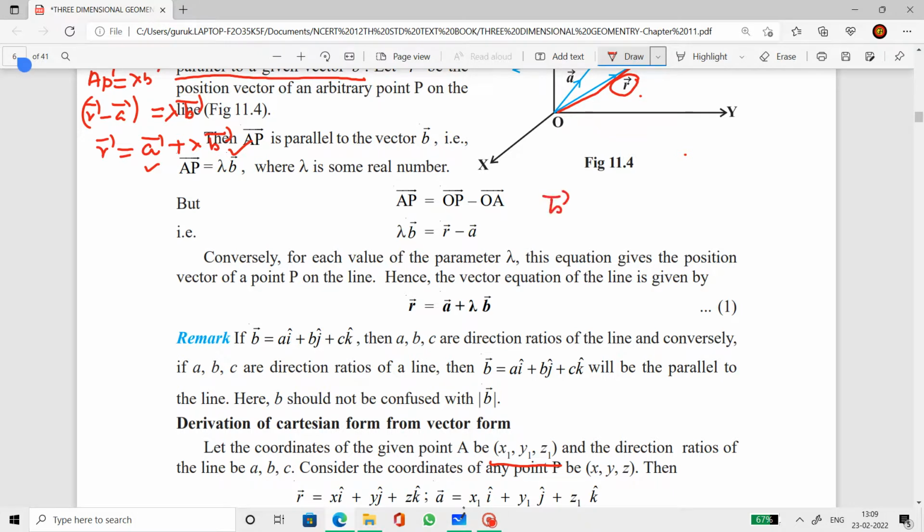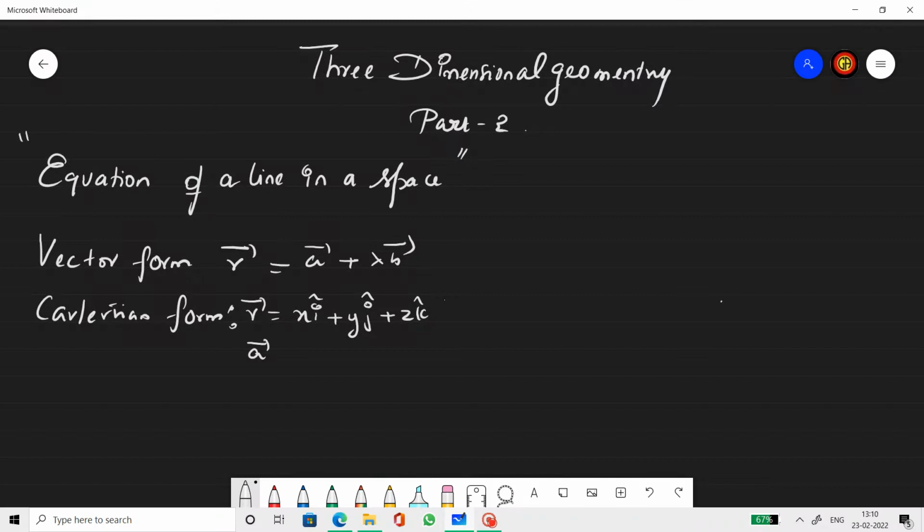And B vector as ai plus bj plus ck. So let A vector be x1 i, y1 j, z1 k, and B vector be ai, bj and ck with cap. Now apply that in the vector formula. What is the vector formula?